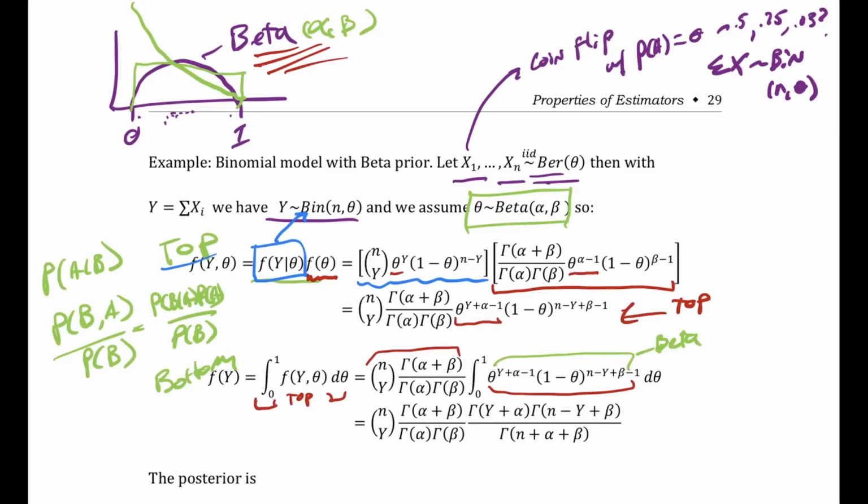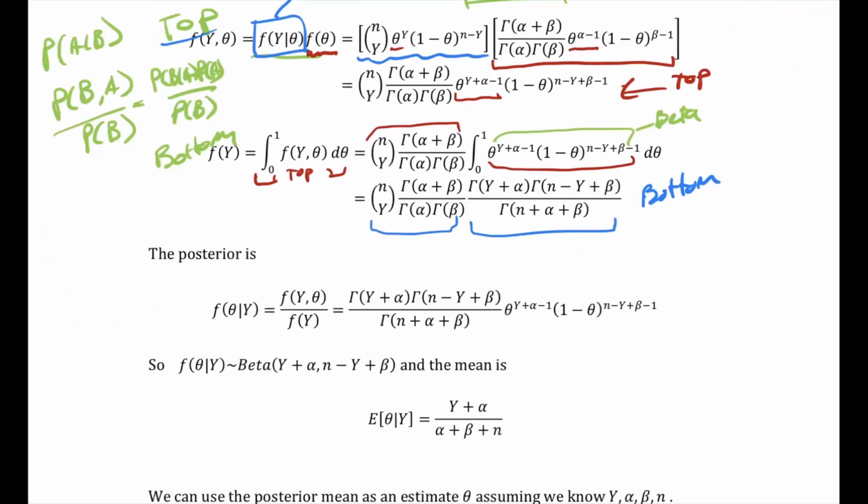So you look up this integral online, which is totally fine because I like to look things up online. And then this will equal the normalizing constant of the beta. So that's that piece. And then this piece stays the same. Now I'm going to have to take the ratio of the top and the bottom, and certain things are going to cancel.